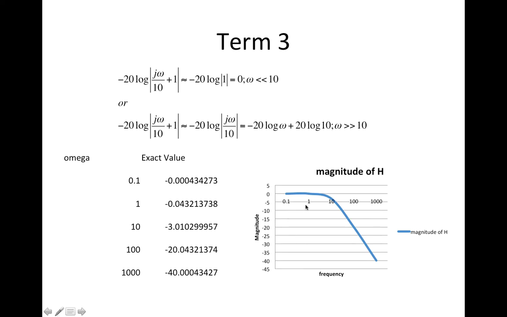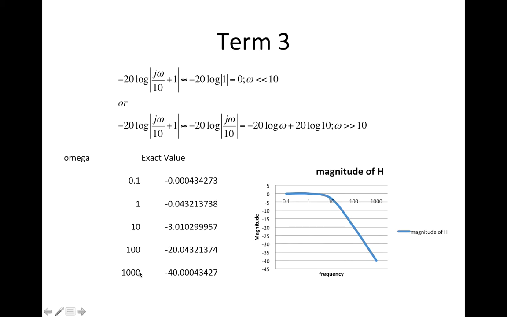And once again, we did that on a log scale. So notice here that the value of this curve is 0 until you get close to this value of 10. Right at 10, it's not obvious here on this graph, but right at 10, you're at a minus 3 dB point. And then you enter this slope region where you're decreasing by 20 dB per decade. So at 100, you're down minus 20.